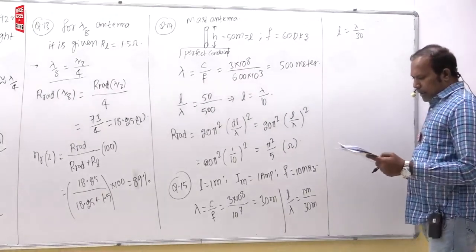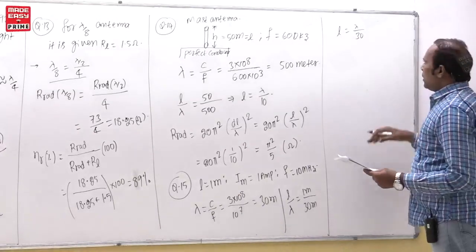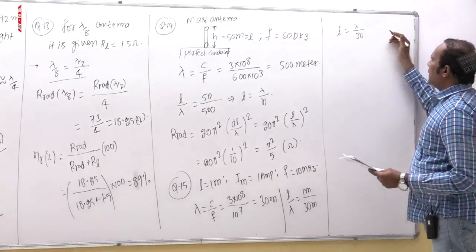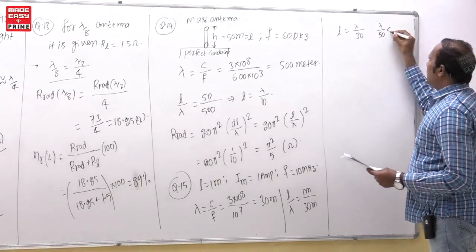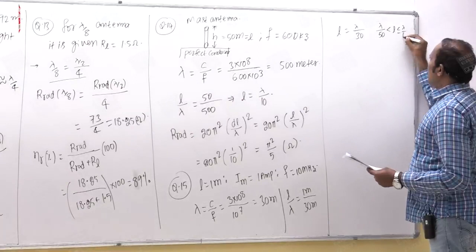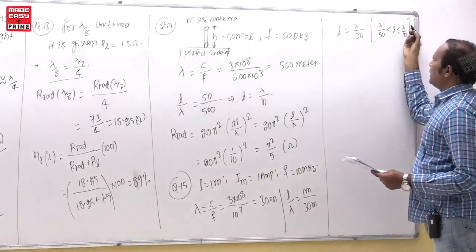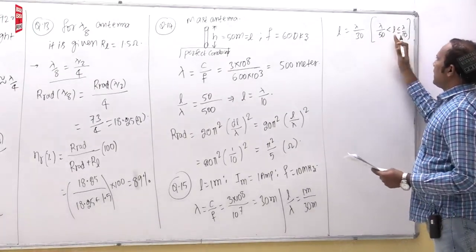You should understand here that lambda by 30 is in between lambda by 50 and lambda by 10. It is in this range only.